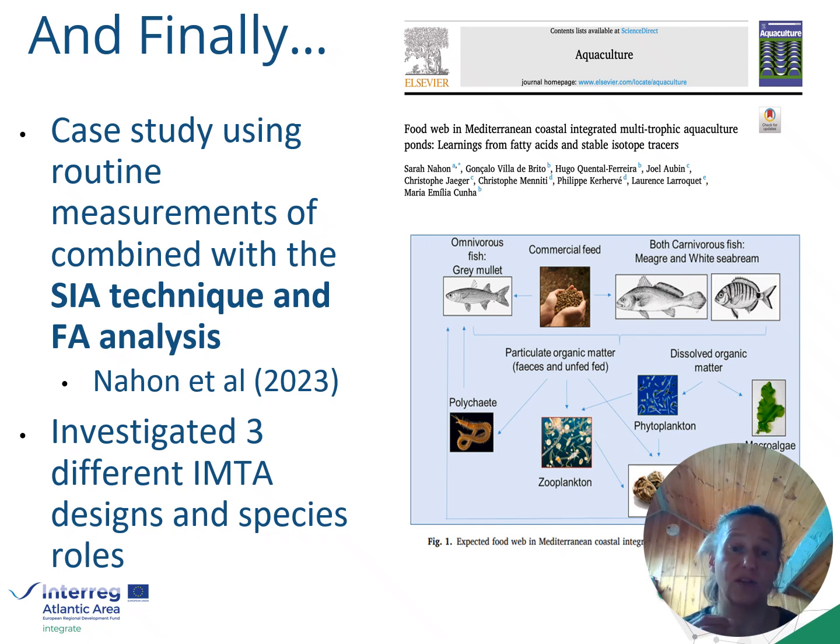And what they've done is investigated 3 different IMTA designs and also the roles of species within those models. So it provides this nice case study for furthering knowledge of interpretation of results and also identifying knowledge gaps that perhaps we still need to fill in IMTA.